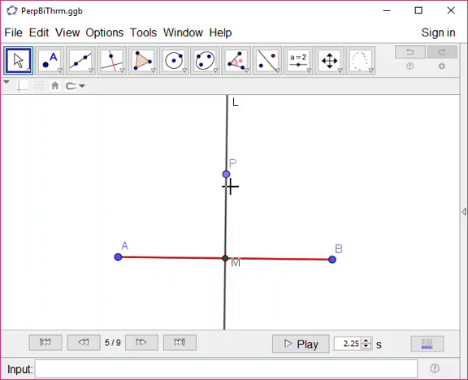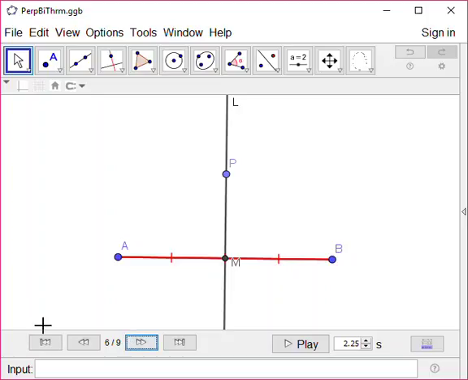Okay, consider triangle AMP and triangle BMP. Since L is the perpendicular bisector of segment AB, AM is equal to MB. L bisects AB.